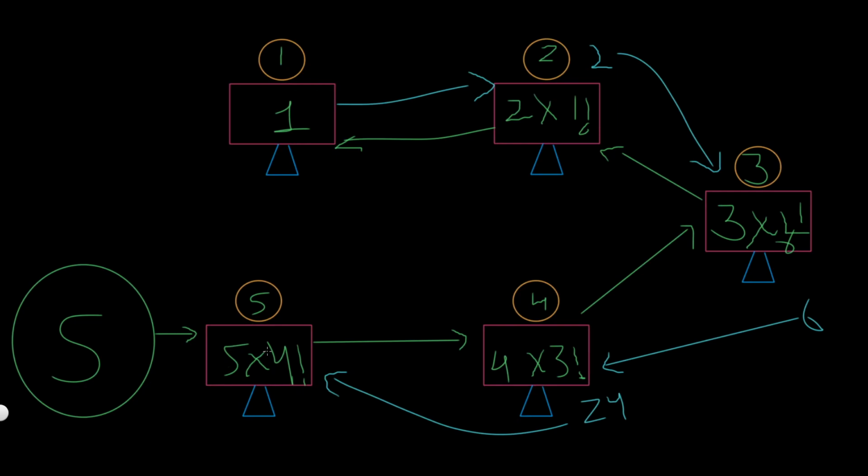So the factorial of 5 will be 5 times 24, and 5 times 24 is 120. And now we got the factorial of 5, and now this method will return 120 to us. And in this way, using a recursive call of this method, we can get the factorial of a number, and now we got the factorial of 5, which is 120.